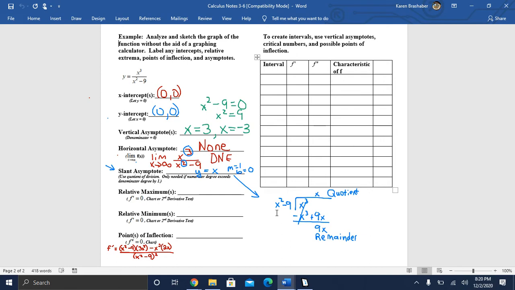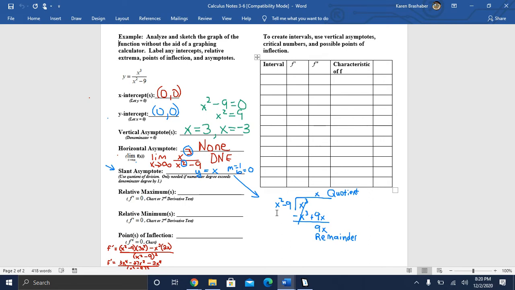All right, now you can multiply and combine like terms. So that would give me 3x to the fourth minus 27x to the second minus 2x to the fourth over the denominator of x squared minus 9 squared.